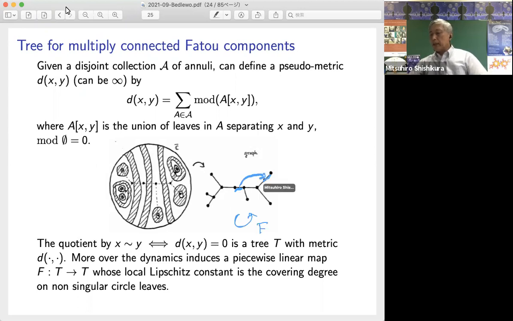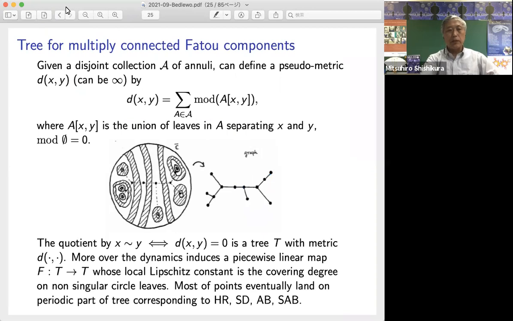And moreover, the Lipschitz constant, or I can say degree function or derivative, is a positive integer. So this will be explained in the next slide. So basically you get an object, the space, which is a tree, and another object, which is the mapping from T to T, which is piecewise linear with respect to the metric induced from this pseudo metric. And the derivative is a positive integer. Okay, so let's go to the next slide to see what the derivative or local Lipschitz constant is.